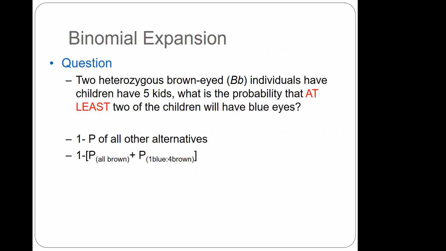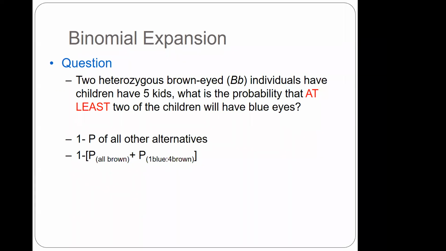So more than one possible outcome of multiple possible outcomes. It's like this, they are going to have the same 5 kids, but what's the probability that at least 2 of the kids? Like, isn't that just the same? No, because what if they had 3 kids? So if they had one kid that had blue eyes.